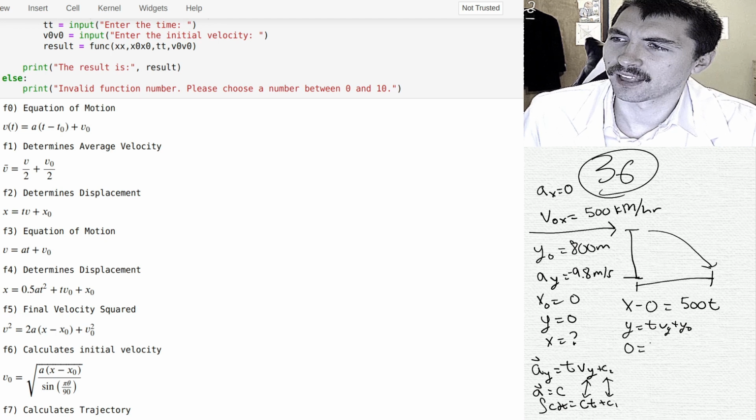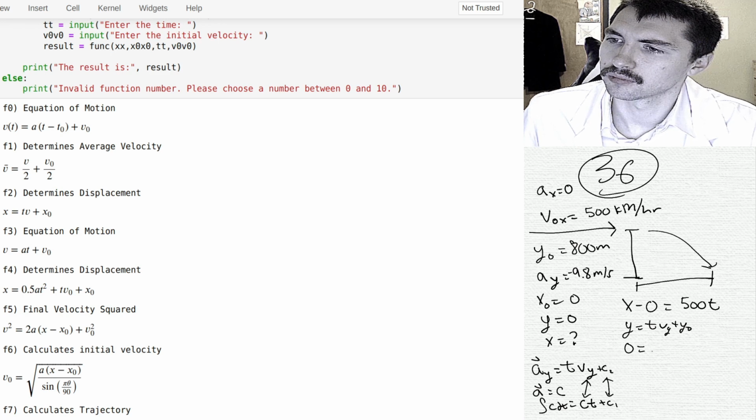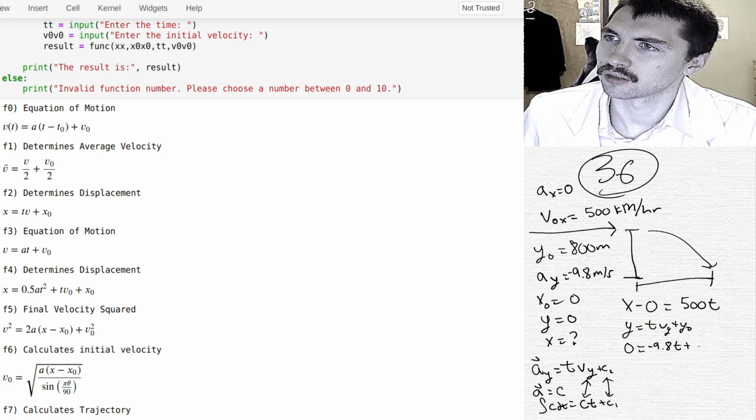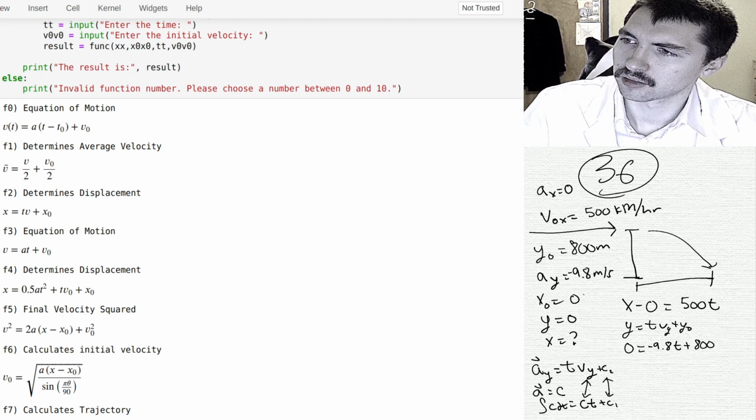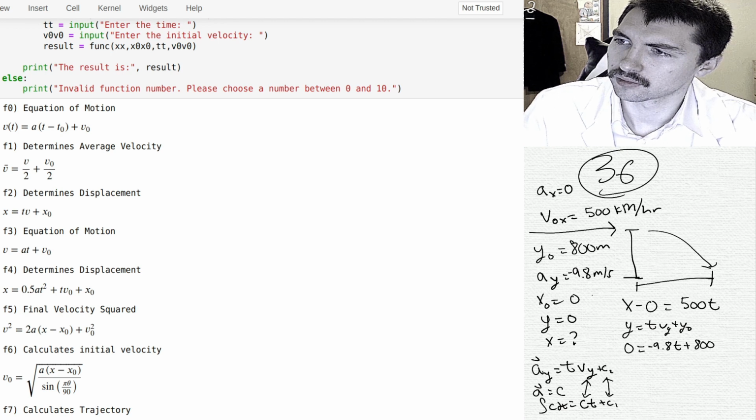So is it just negative 9.8? No. If it's c, then it's 9.8 t.